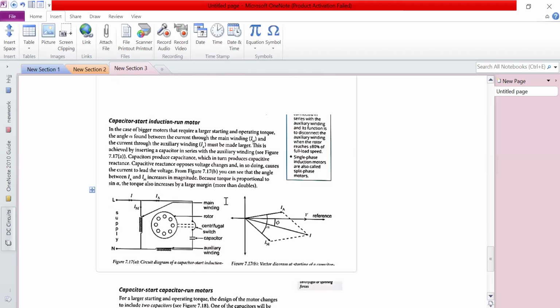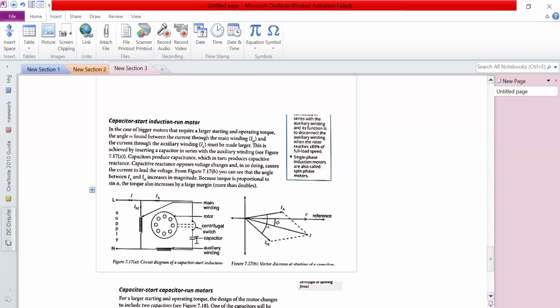Then from resistance start induction run motors, we move on to the capacitor start induction run motors. The diagram for the capacitor start induction run motor is similar to the resistance start induction run motor. We have a main winding and we also have an auxiliary winding. Then the auxiliary winding is connected in series with the capacitor. A capacitor in general has a leading power factor.